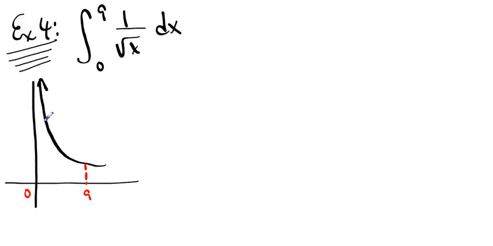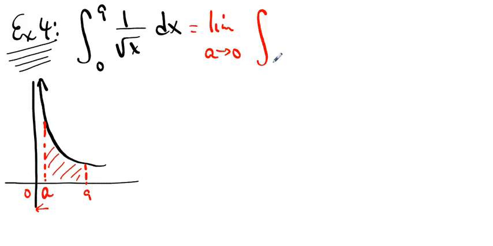And so the way we handle that is we go to some number a, we take this area and then push a closer and closer to 0. So this is the limit as a approaches 0 of the integral from a to 9 of 1 over radical x dx.